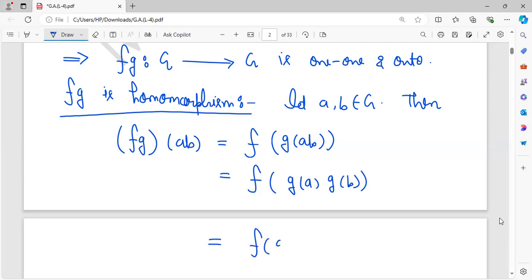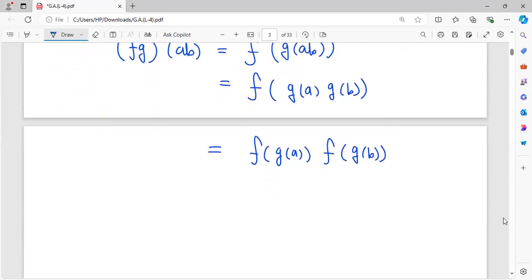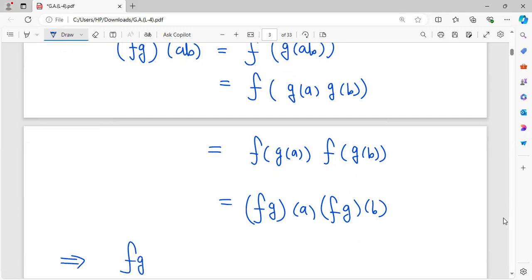So this will be f(g(a)) f(g(b)). This is fg(a) and this is fg(b). So this implies fg is a homomorphism.